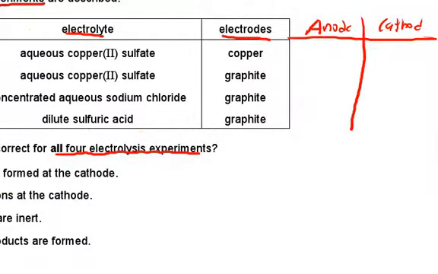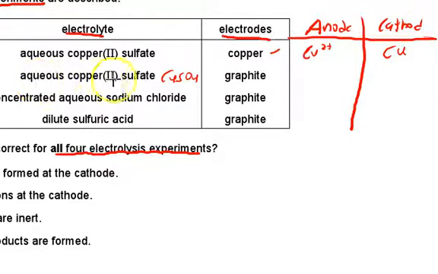So for the anode at the copper, for this experiment, you have here copper ions produced, and here you will have copper atoms.